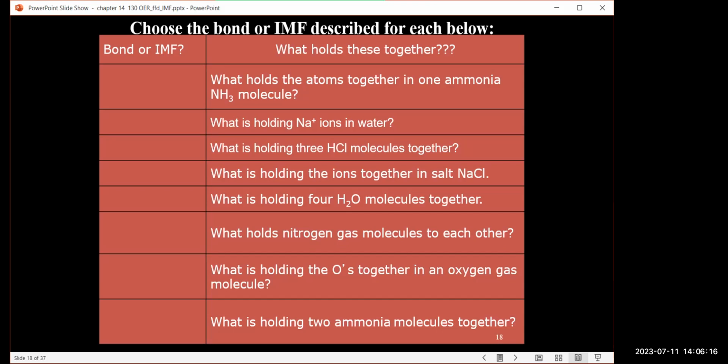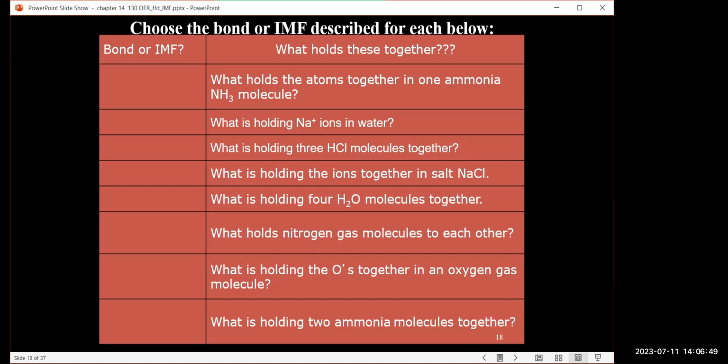We have 4 forces. The first one was London dispersion forces, which dealt with molecules that were nonpolar. Then we had dipole-dipole forces, which dealt with molecules that were polar. And then we have hydrogen bonding forces, which dealt with very specific polar molecules, hydrogens bonded to nitrogen, oxygen, or fluorine only.